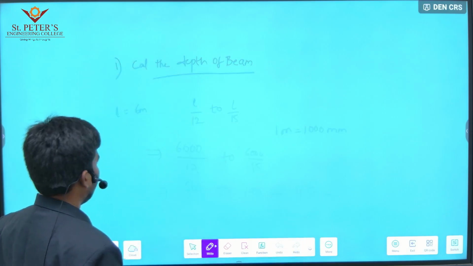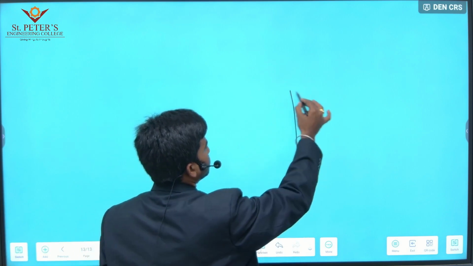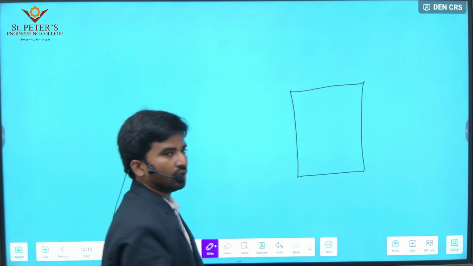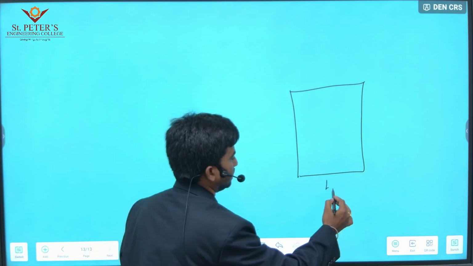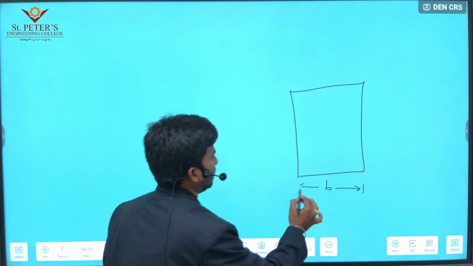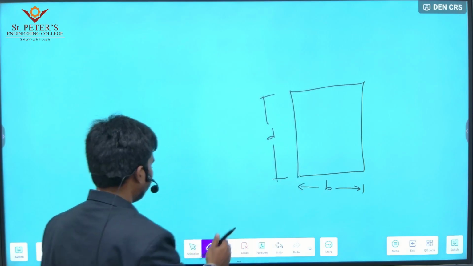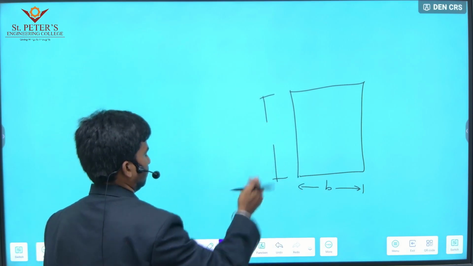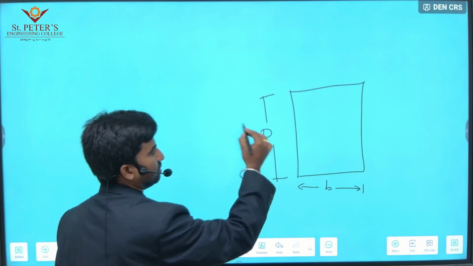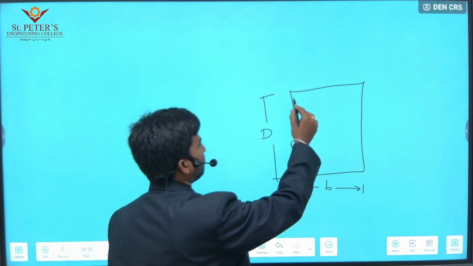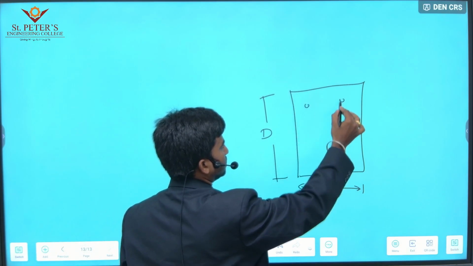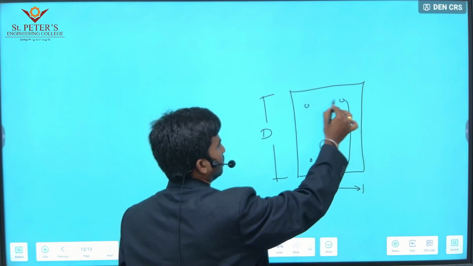Here I am drawing the cross section of a beam. This is the breadth and this is the depth. The overall depth, capital D, we take, and small d is for effective depth. Actually this is the actual figure calculation.